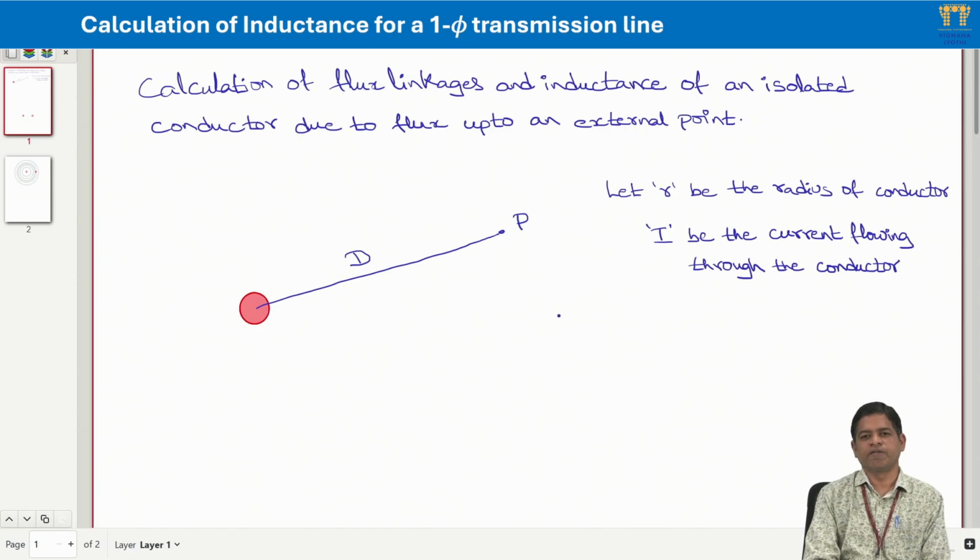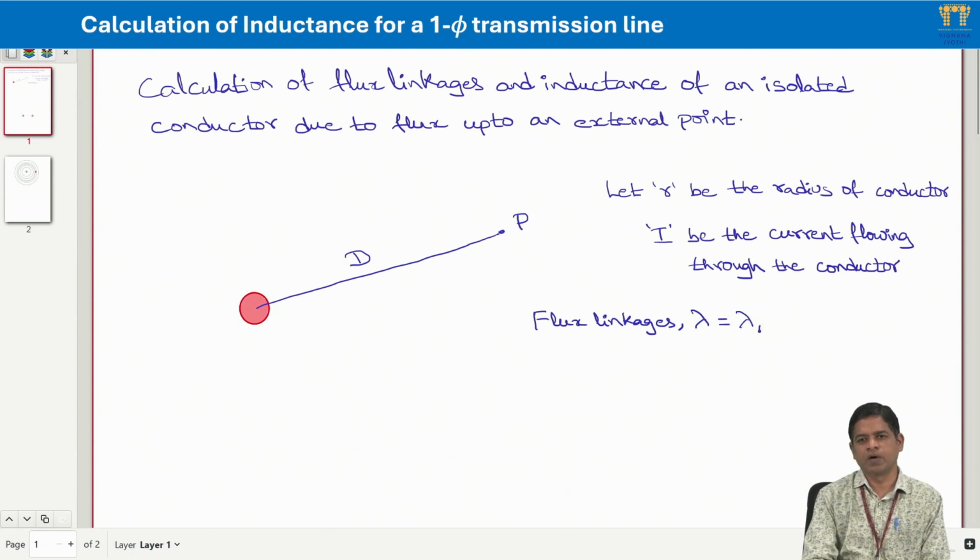Now when I say flux linkages of the conductor, which we represent by lambda, this could be due to the flux which is produced inside the conductor.